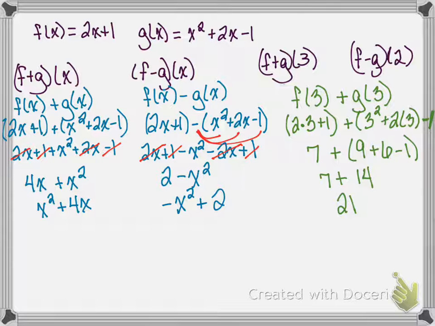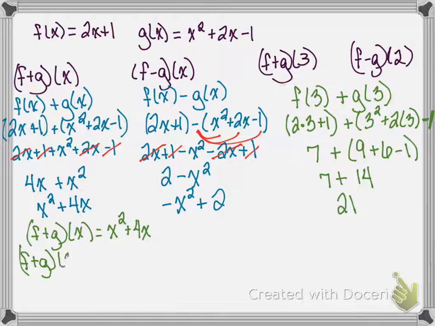I know that f plus g of x equals x squared plus 4x. Could I do f plus g of 3 by plugging 3 in for the x's? I could. 3 squared is 9. 4 times 3 is 12. And I get 21.